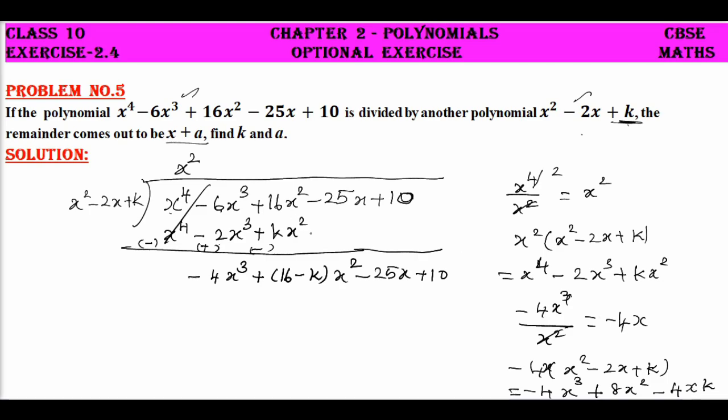Anything is right, okay? So now the quotient is -4x. And here let us subtract -4x^3 + 8x^2 - 4k into x.